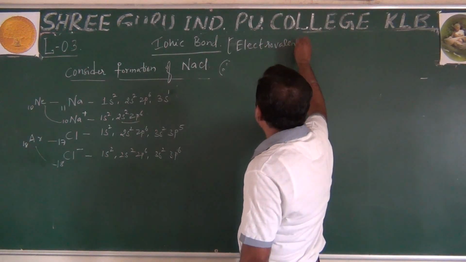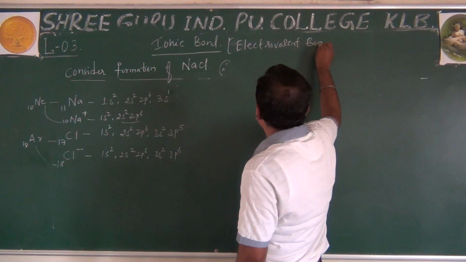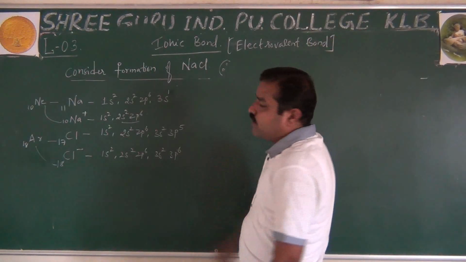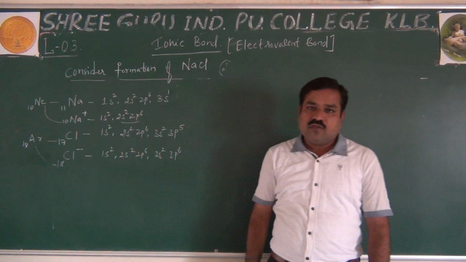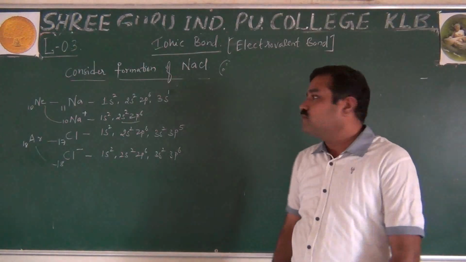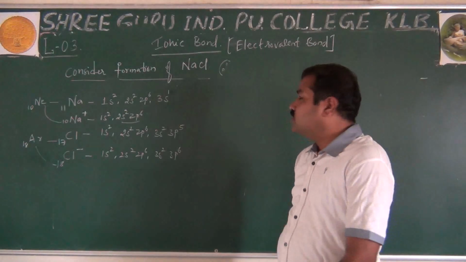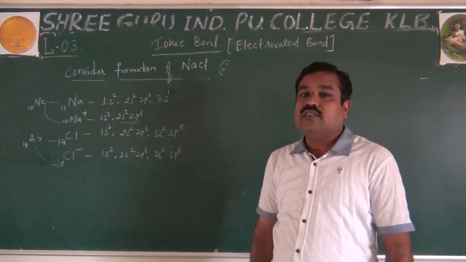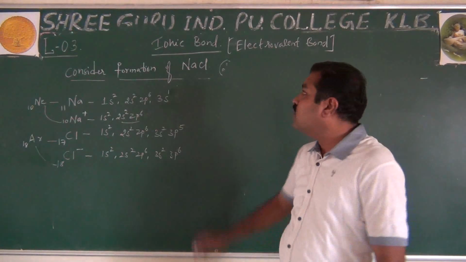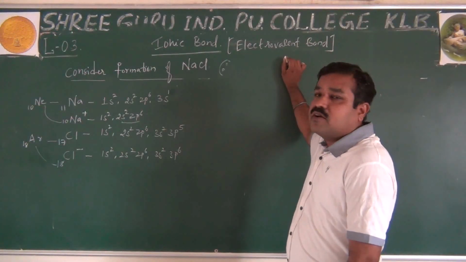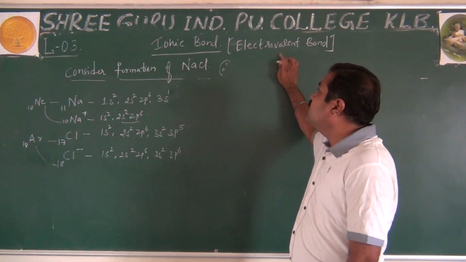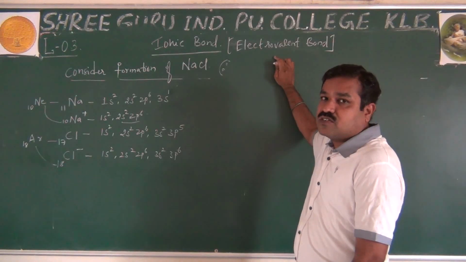Why? Because it is formed by complete transfer of electron from one shell of an atom to another shell of an atom, or the bond which is formed by force of attraction between oppositely charged ions. That is called ionic bond. That's why it is also called electrovalent bond between the ions.